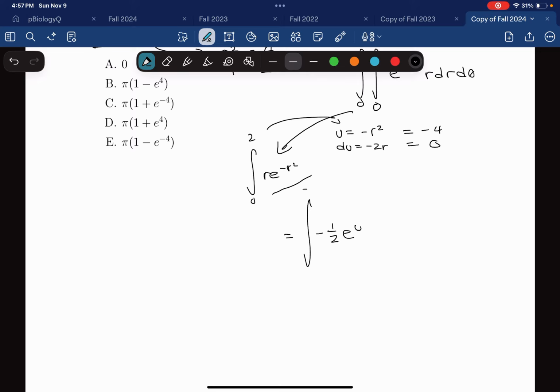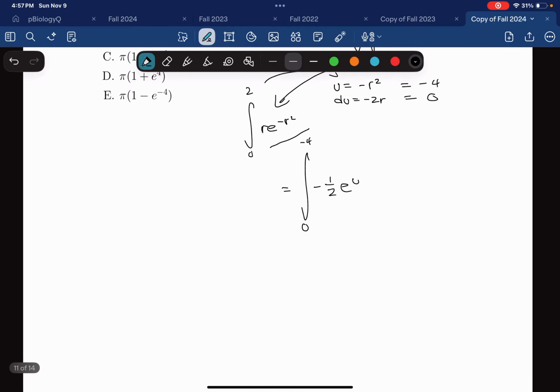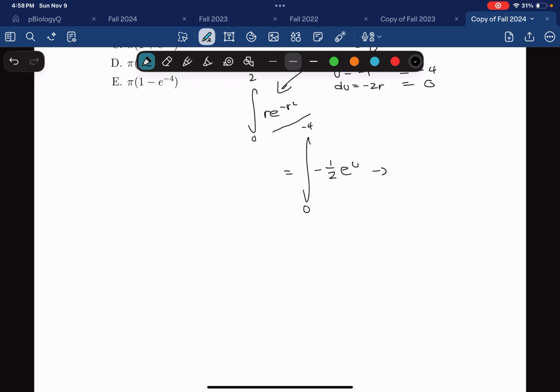So you get negative 4, 0. But since we don't really like that, we can switch it up. And now you have negative 4 to 0, and this goes away. 1/2 e^u, so you just get e^u from negative 4 to 0. Just get e to the 0 minus e to the negative 4th equals 1 minus e to the negative 4th.